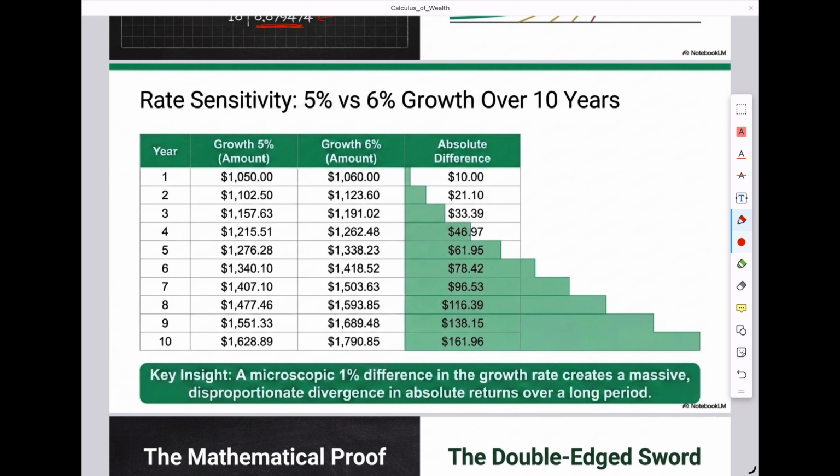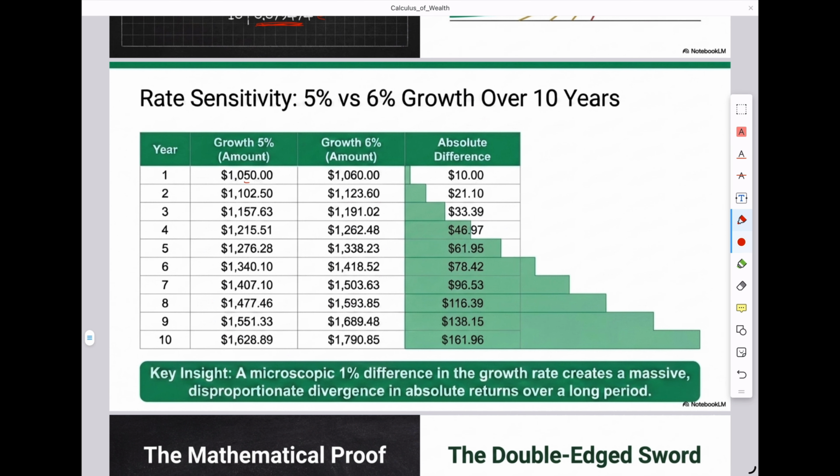So you can see that if I have a compound interest of $1,000 at 5% versus 6% annually, the first year my difference is $10. But the second year, because my interest earns interest, my 6% growth will have a little bit more interest than my 5%. Hence, now it becomes 21.0.